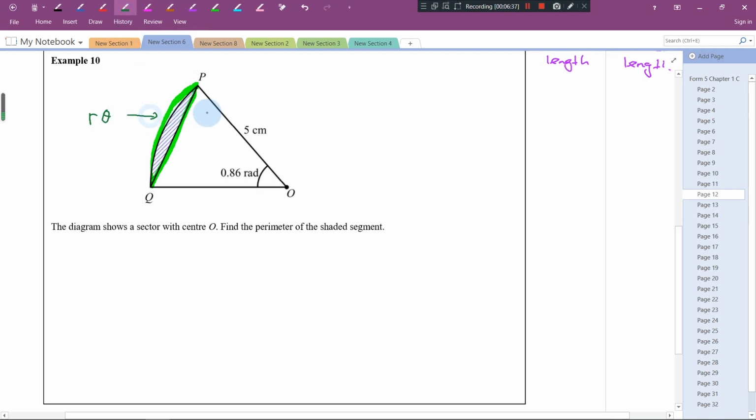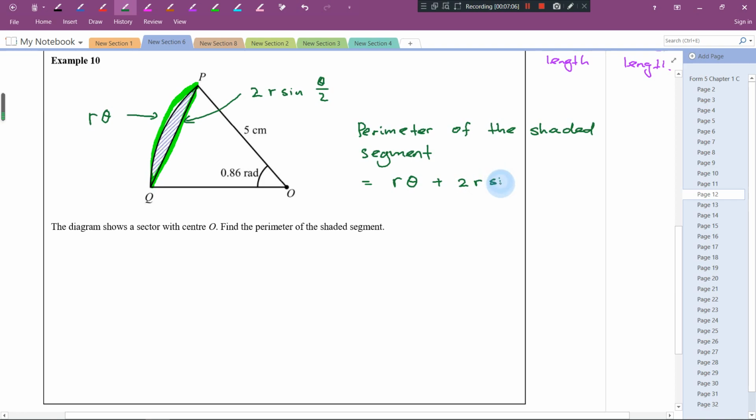This is r theta, and the chord length is 2r sine theta over 2. At the beginning, I would suggest you write the formula a few times so that you can remember it well. The perimeter of the shaded segment is equal to r theta plus 2r sine theta over 2.